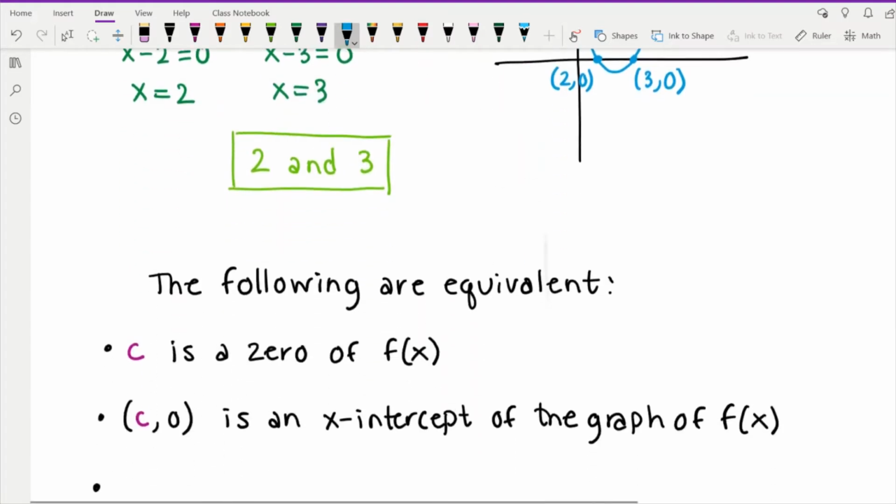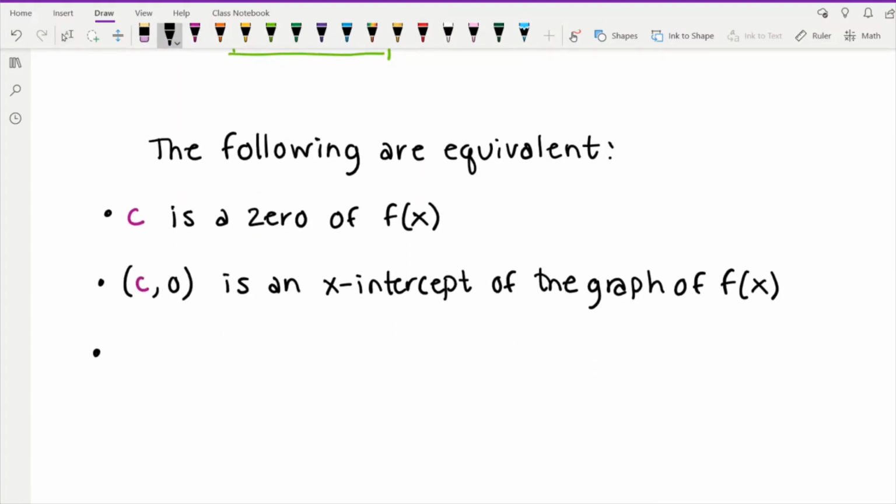In general, it's always going to be true that if c is a 0 of your function, then x minus c is going to be a factor of f(x).